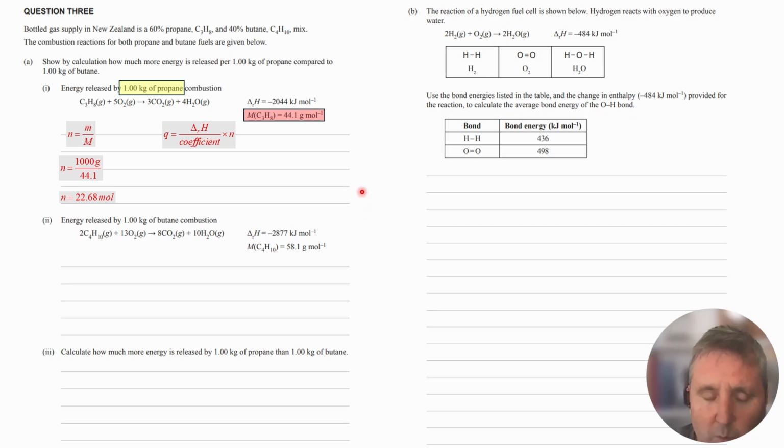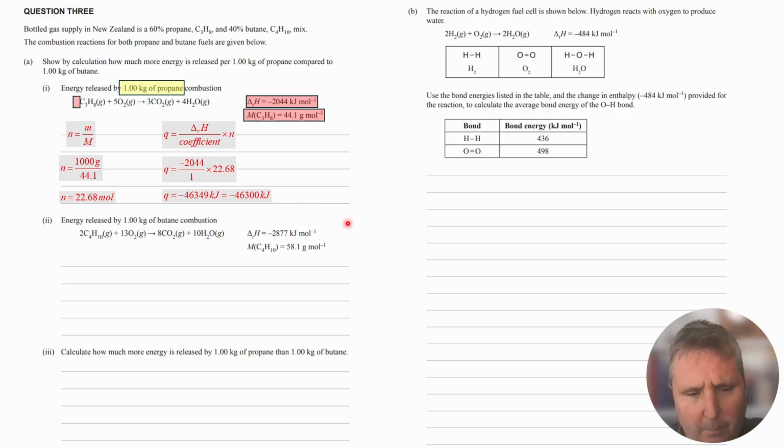Here the delta rH is negative 2,044, and the coefficient is 1. So we substitute that value in as well as n from down the bottom, and we solve to find Q. Here we get negative 46,300 kilojoules. Okay, so that's cool. We've worked out how many kilojoules we get from a kilogram of propane.